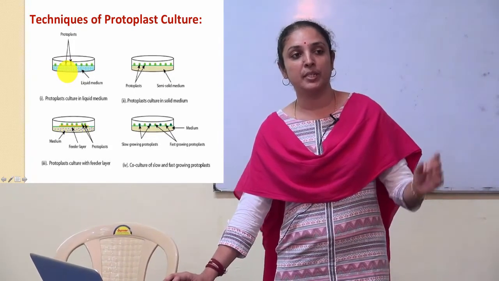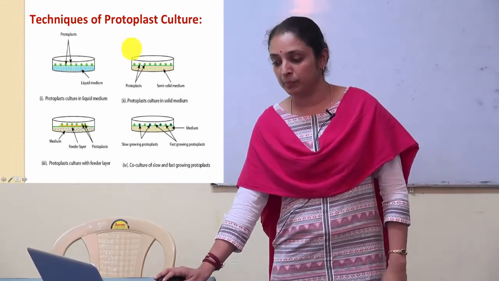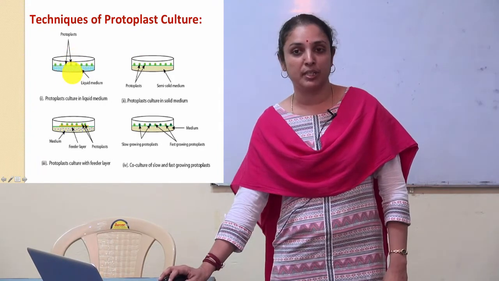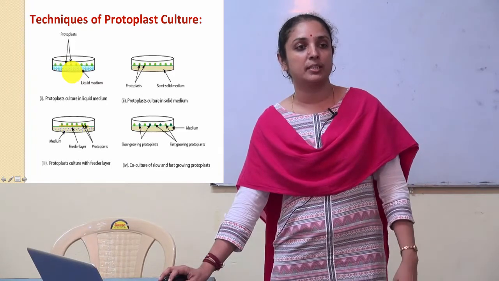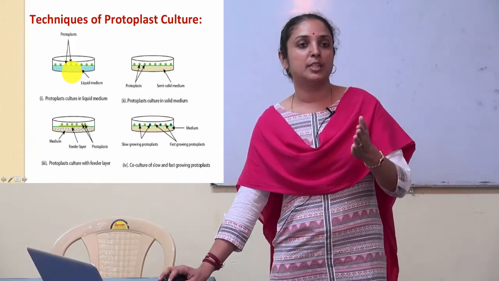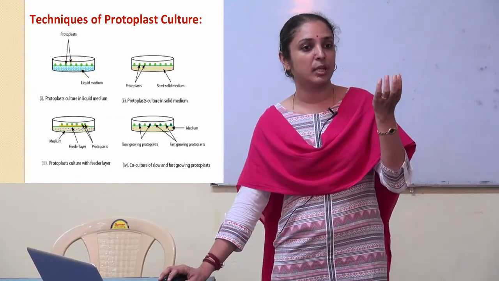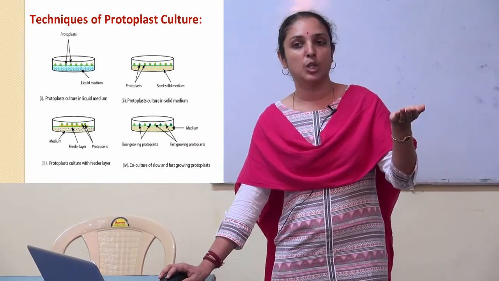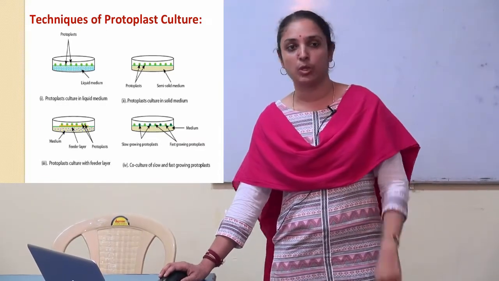As in the mechanical method, we centrifuge it, take the pellet, get a lump sum amount of protoplast, and directly culture it on nutrient media in plant tissue culture bottles.